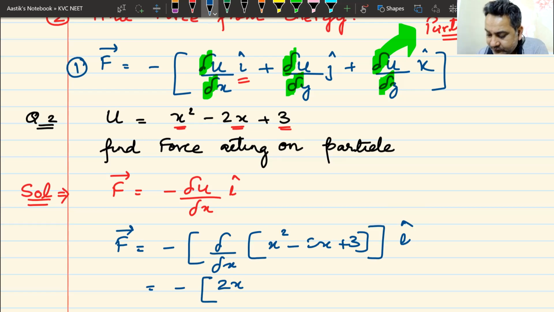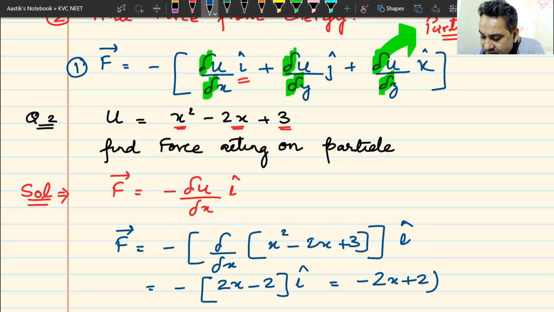What is the derivative of minus 2x? It is minus 2. What is the derivative of 3? It is 0. I multiply it by negative sign. So what do I have? I have minus 2x plus 2 times i, and that is the answer that we were looking for.